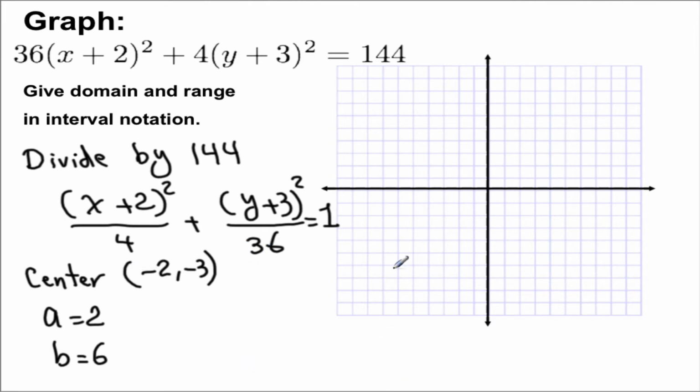So we start at (-2, -3). We're going to go 2 units to the right, and 2 units to the left along the x-axis. We're going to go 6 units up and 6 units down along the y-axis, and now we're ready to graph the ellipse.